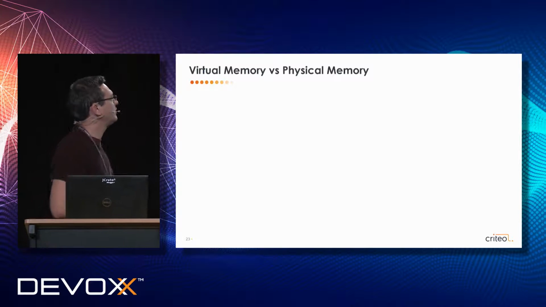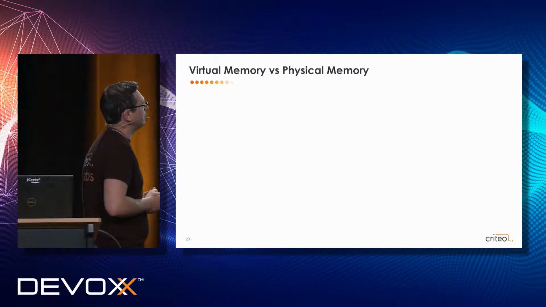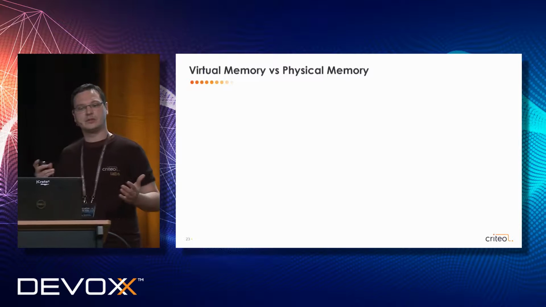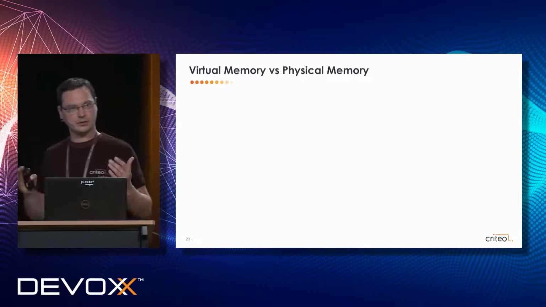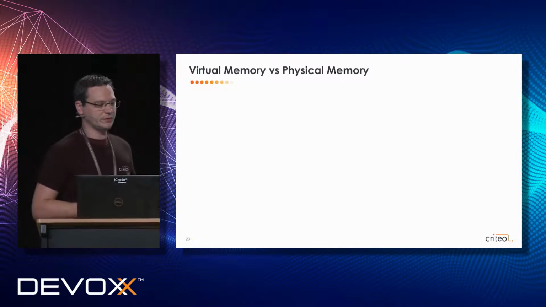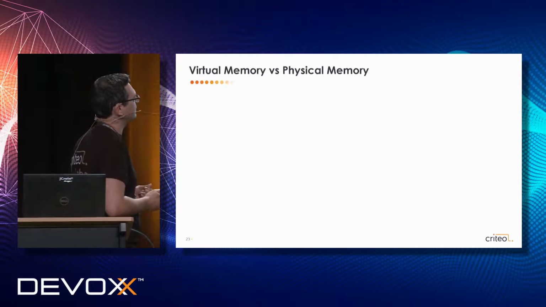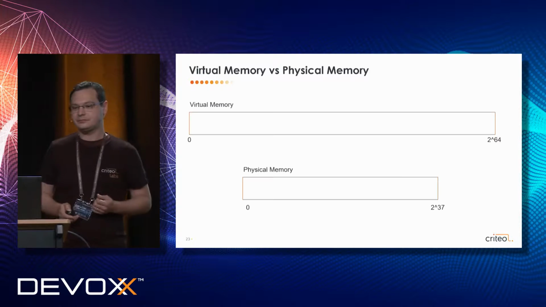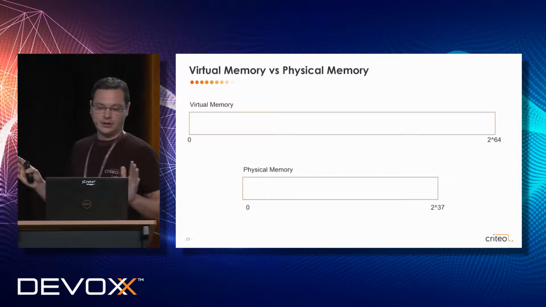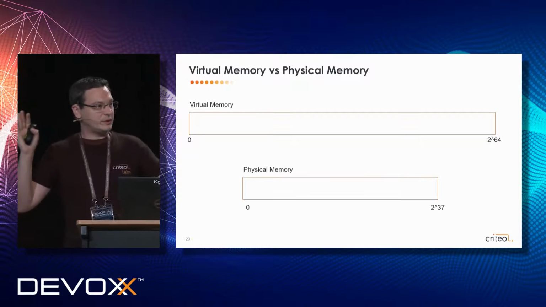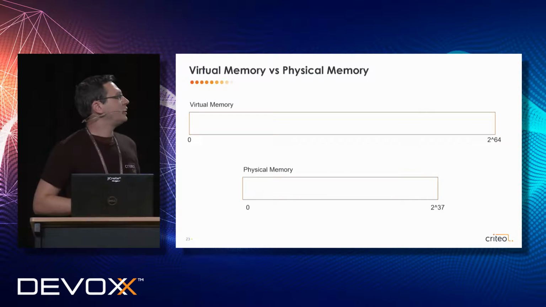I will just have a quick recap on the difference between virtual memory and physical memory, because we will see there is a trick with this in this algorithm. So virtual memory is 2 power 64-bit addressing, so it's very, very, very large.